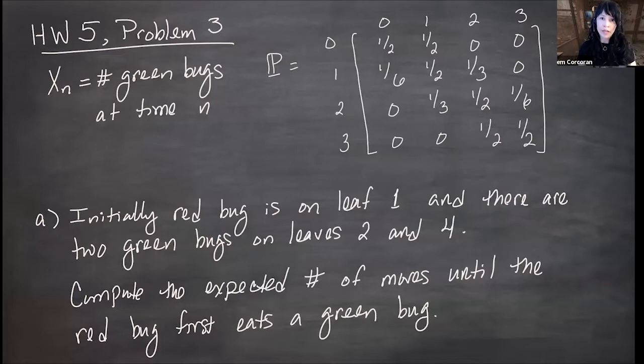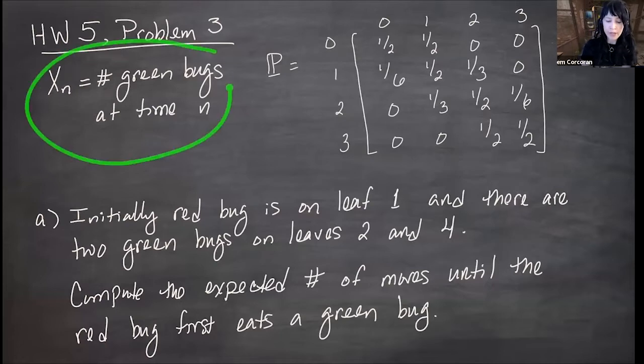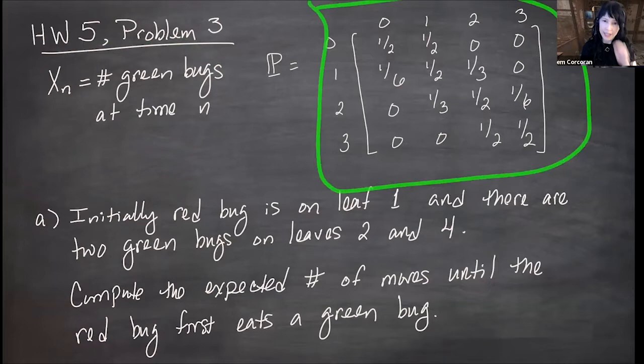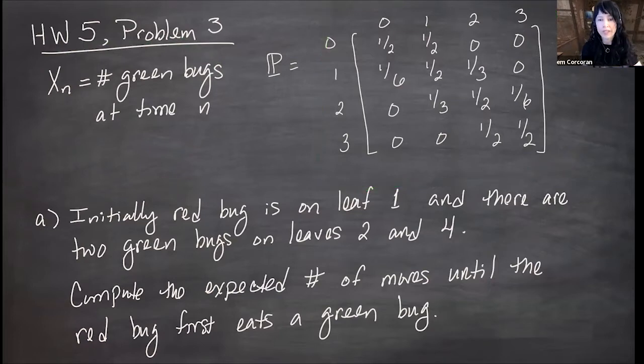There's one red bug and anywhere from 0 to 3 green bugs on the system. And we were tracking the number of green bugs at time n. We already talked about how to do this, and I'm sure you already did it yourself, but just in case you needed to know the answer because you weren't trusting your answer, that's the matrix you're going to need. So that's one thing I wanted to say.